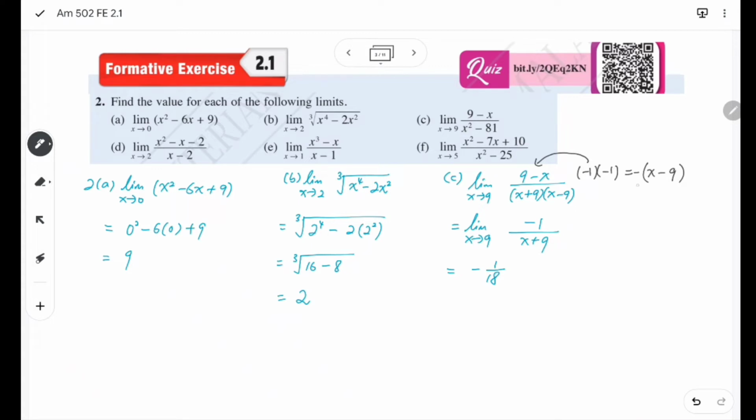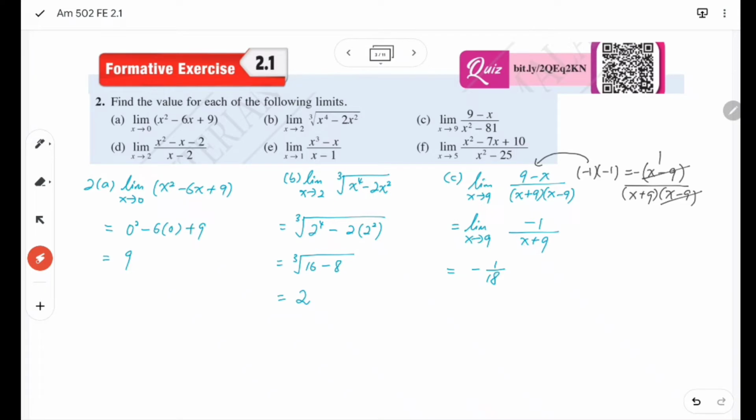Alright, so we get negative x minus 9 over x plus 9 and x minus 9. So we see common factor up and down of the fraction. So x minus 9 and x minus 9 is the common factor that we can cut off. After we divide, we are left with 1 on top. So therefore, we get negative 1 over x plus 9.